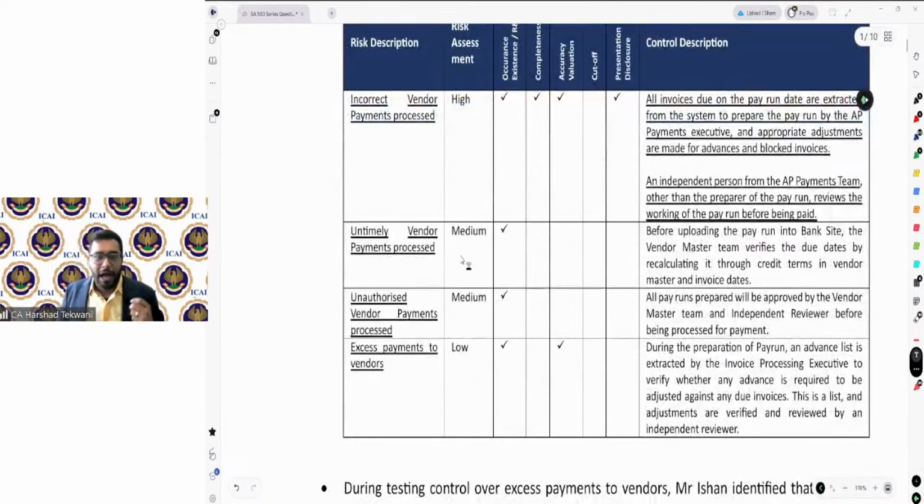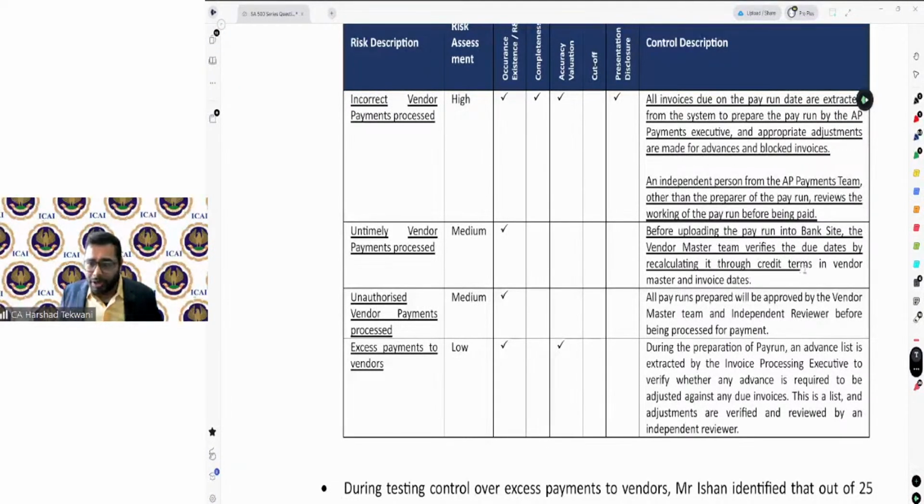For the untimely vendor payment risk, before uploading the payment file into the bank site, the vendor master team verifies the due date by recalculating it through the credit terms in the vendor master and the invoice date. For unauthorized vendor payments, all payment files prepared will be approved by the vendor master team and an independent reviewer before being processed for payment.